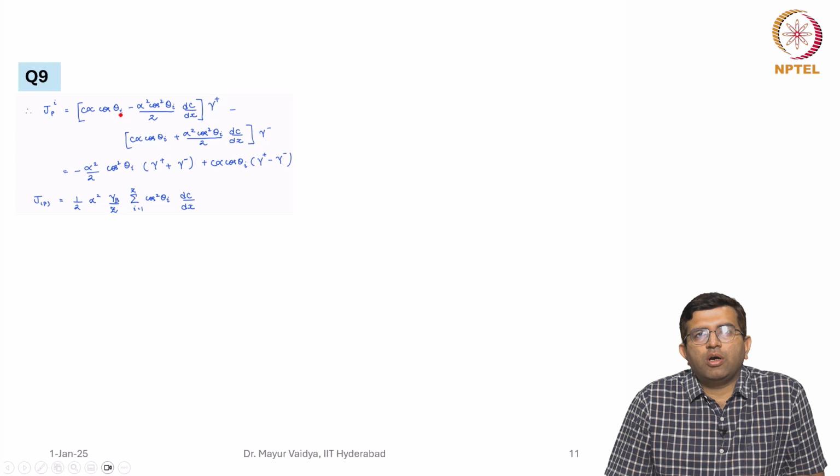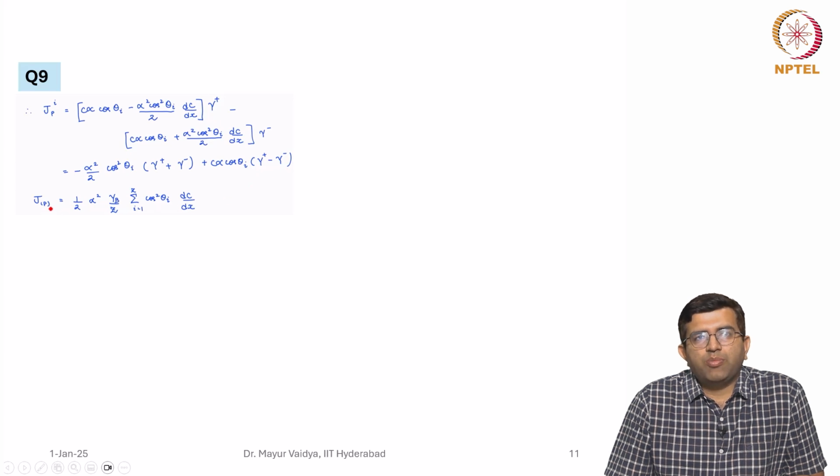If you see, these two terms will cancel out, and if you rearrange a little bit, then you get minus alpha square by 2 cos square theta_i into gamma plus plus gamma minus, plus C alpha cos theta_i into gamma plus minus gamma minus.